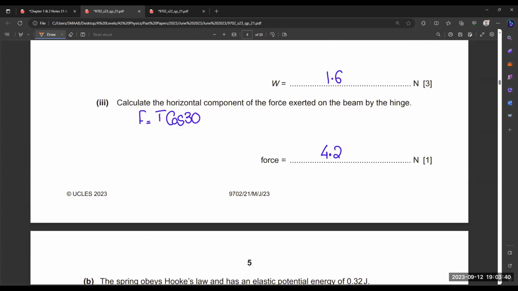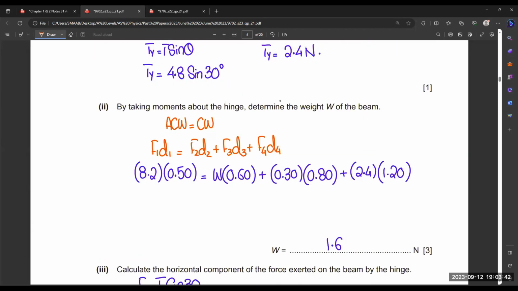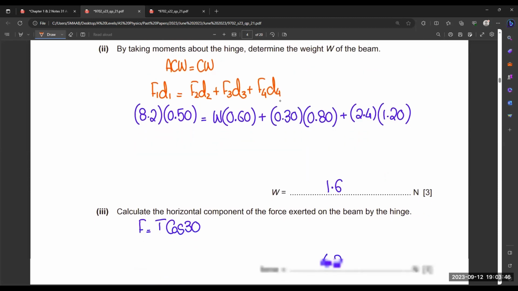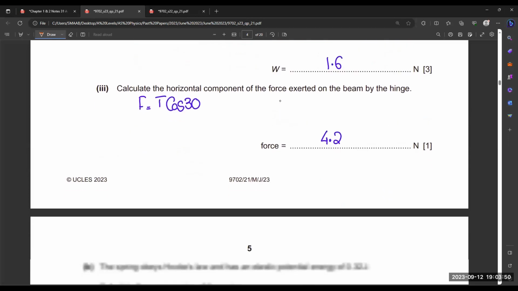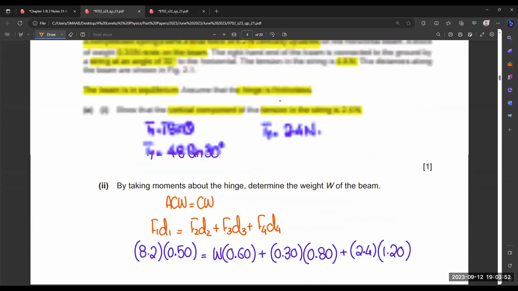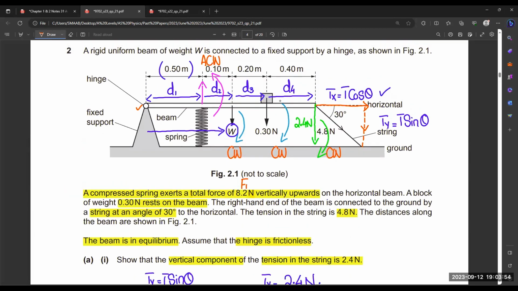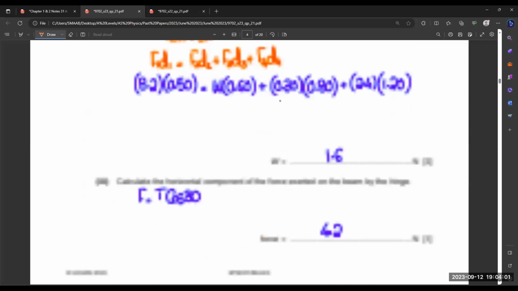It's 0.3, yes, 0.3 is the weight of the block.